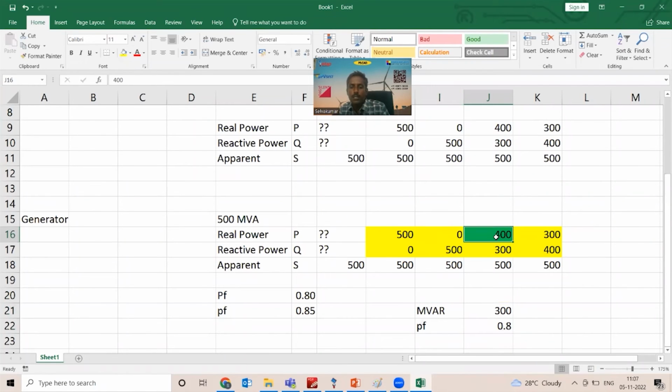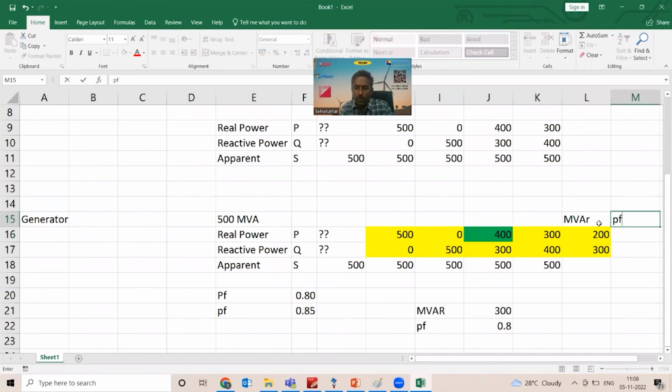That's the reason why MVR control mode and power factor control mode remain the same when the real power remains constant. When the real power changes from 400 to 200 megawatt, if I put it in MVR control mode, it will tend to generate 300 MVR. If it is in power factor control mode, at 200 megawatt it will generate only 150 MVR.